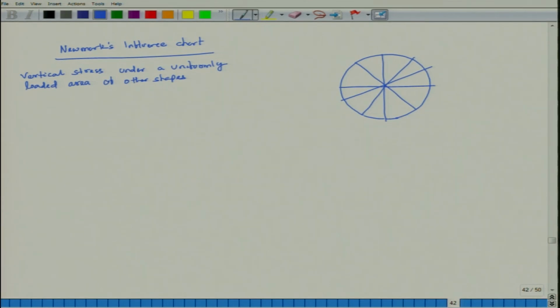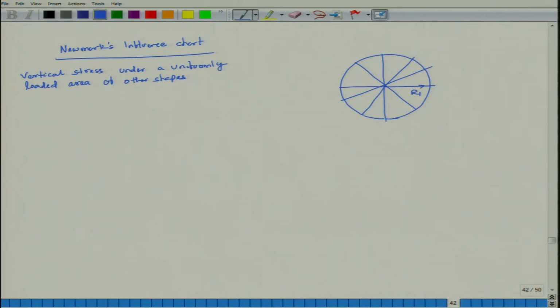Let us say this is my R1. So, it is based on your vertical stress below a circular loaded area.